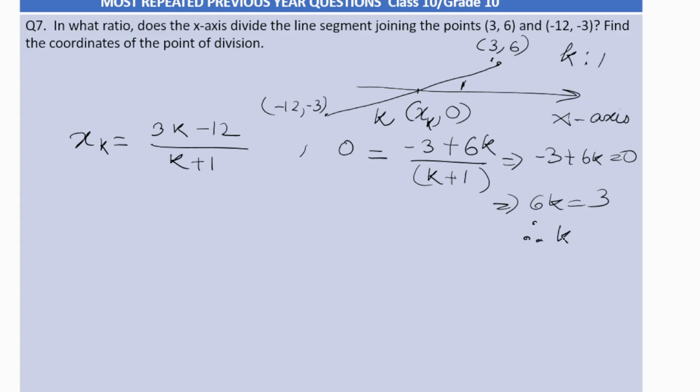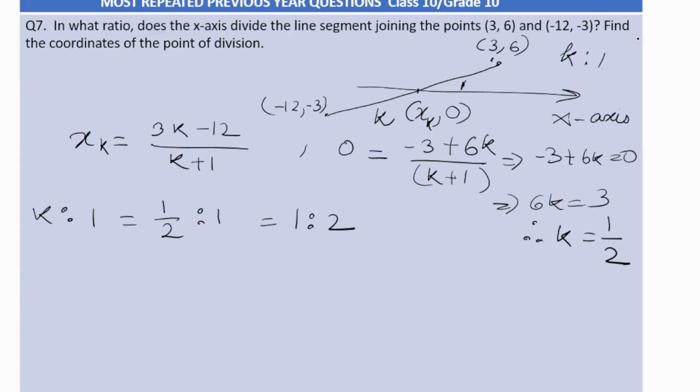Therefore, k's value will be equal to 3 divided by 6, 1 by 2. Okay. So, the ratio in which this x-axis divides this line is actually 1 by 2 is to 1, because this is k is to 1, right? Or instead of writing like this, I can write it like 1 is to 2 ratio.